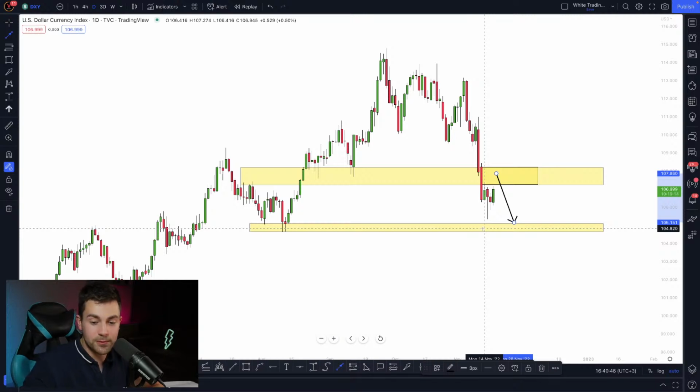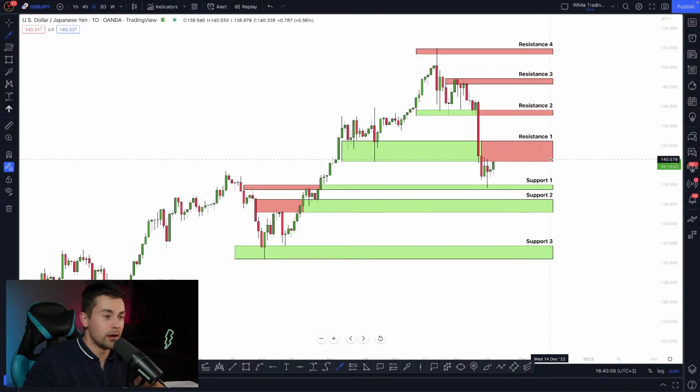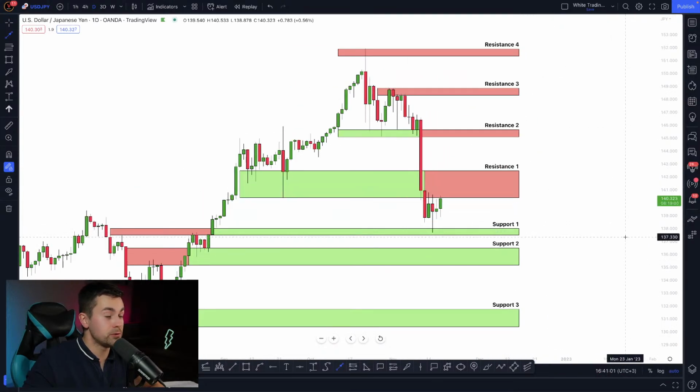Now, I promised to analyze dollar yen. Yeah, IPC Gaming asked to analyze dollar yen and then US 30. So dollar yen pair. Here's, by the way, my latest structure analysis for the dollar yen pair.